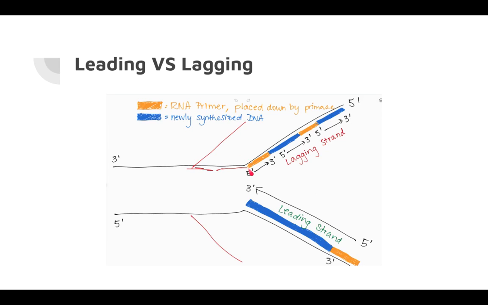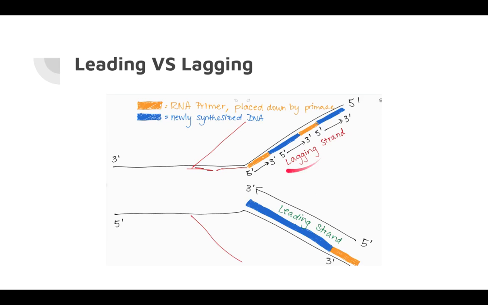So as this fork continues to open in this direction, we're going to have to place primers and then do new DNA, and then another primer and new DNA, and then another primer and new DNA, all the way down this strand. If we're synthesizing in this direction, it is going to be literally impossible for us to do it in one shot because of the directionality. That's why this strand is known as the lagging strand.